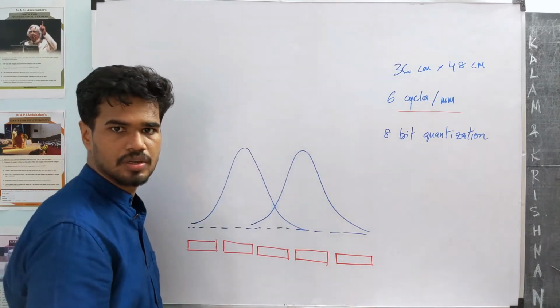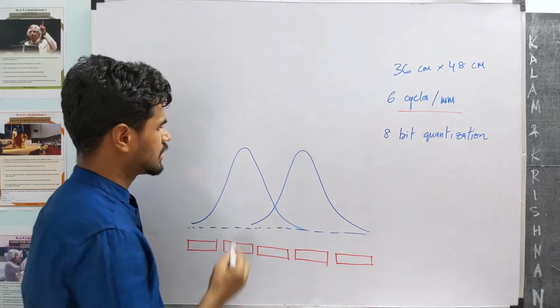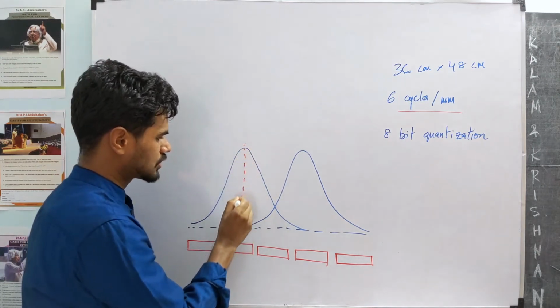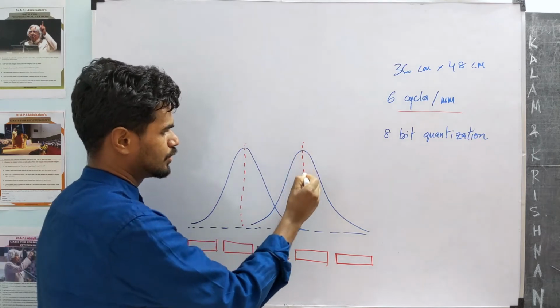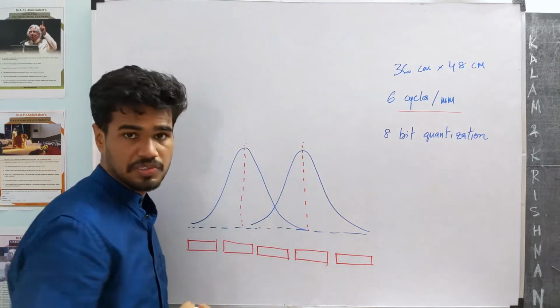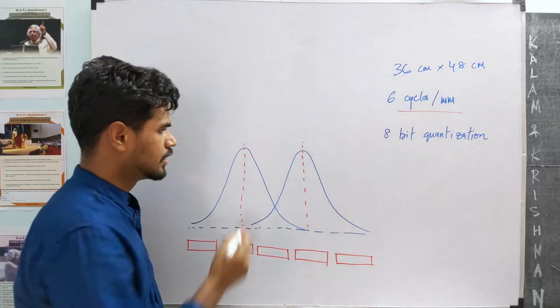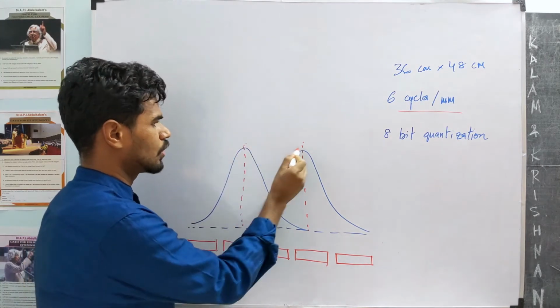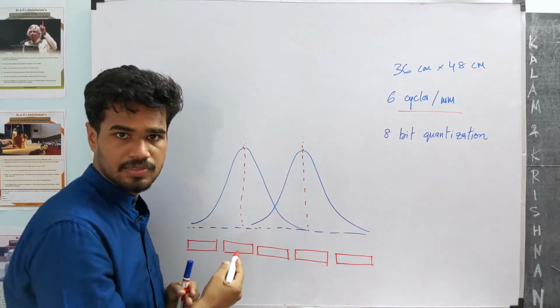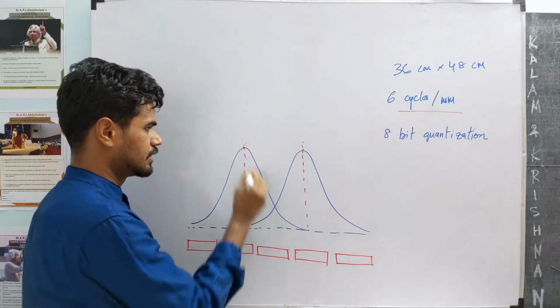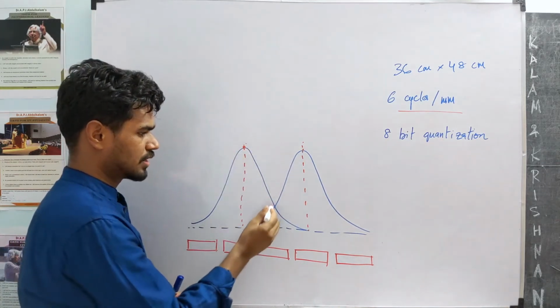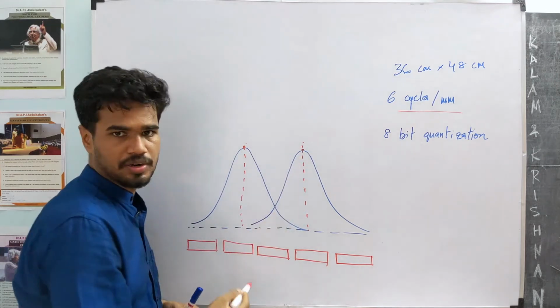Essentially, a single point source is known as a line. 2 lines are known as a line pair. The distance between the peaks of 2 consecutive lines is known as a cycle. It involves a peak, which is a bright spot, a dark spot, and a bright spot.